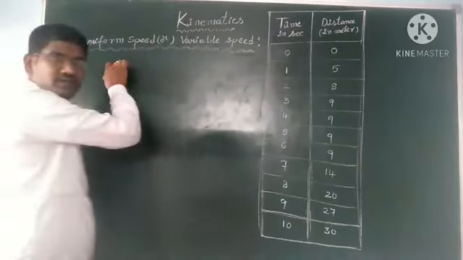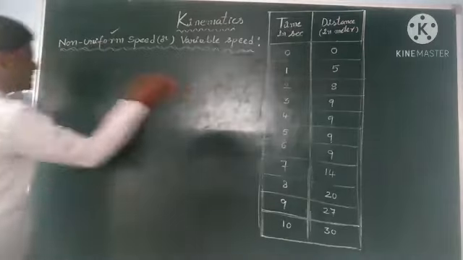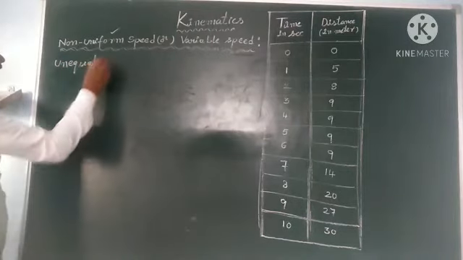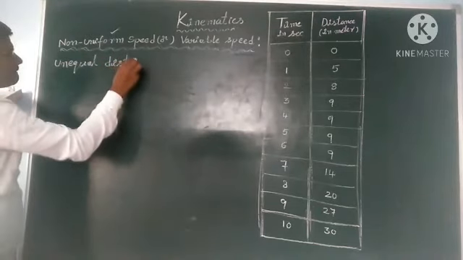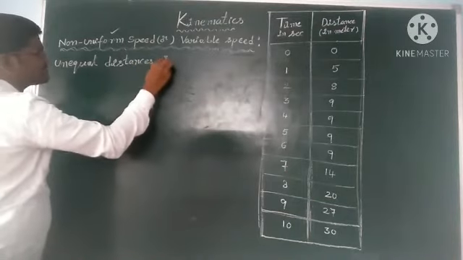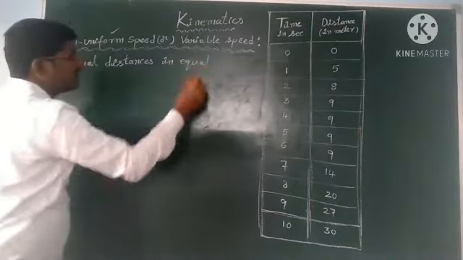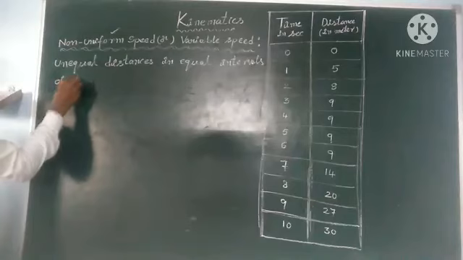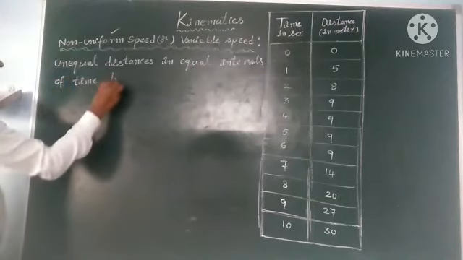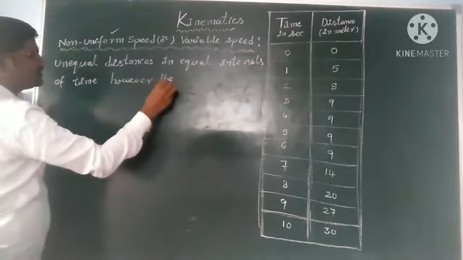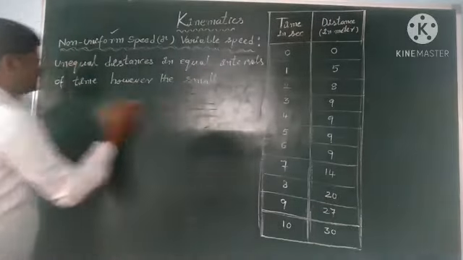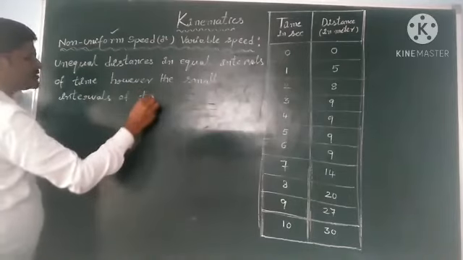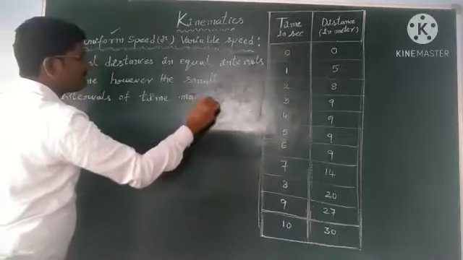An object is said to be moving with a variable speed or non-uniform speed if it covers unequal distances in equal intervals of time, however small the intervals of time may be.